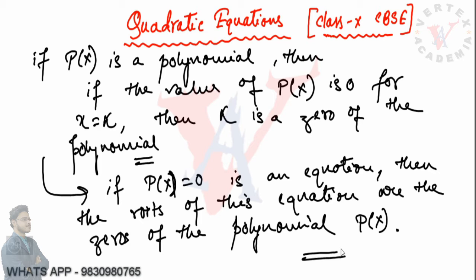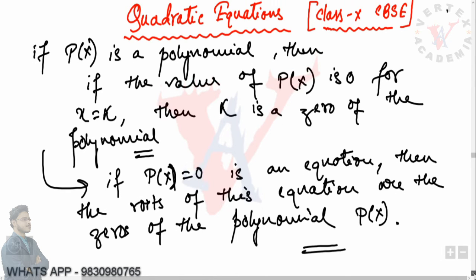So basically what I mean to say is that if you have a polynomial and it has zeros, you know what zeros are: the value of x for which the polynomial becomes 0 is known as the zero. But if the same polynomial is written in the form of an equation, then the roots of that equation are actually the zeros of the polynomial. So the zeros of a quadratic or any polynomial are the roots of an equation.